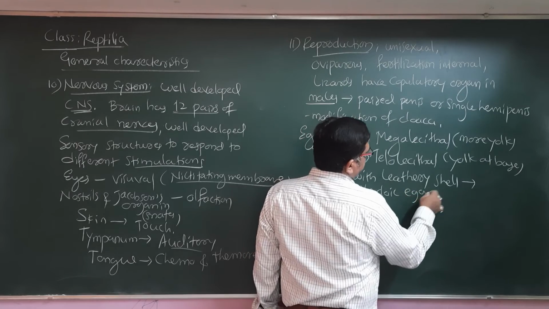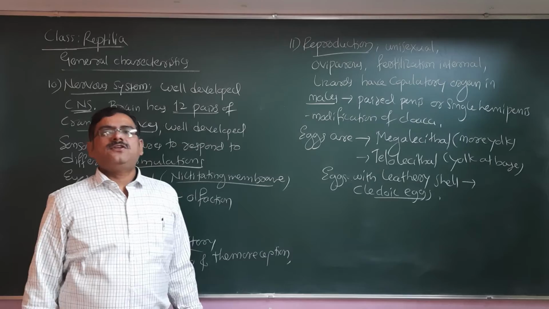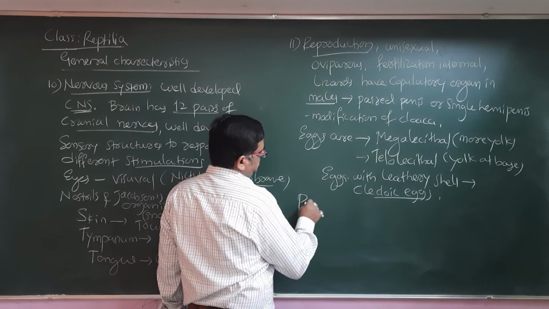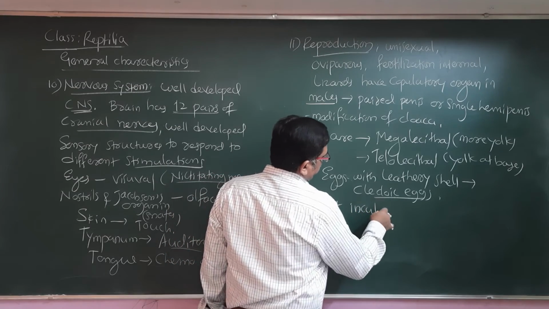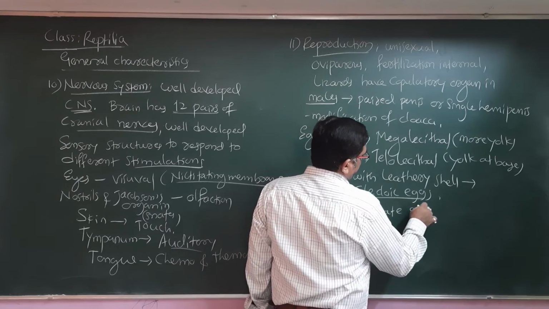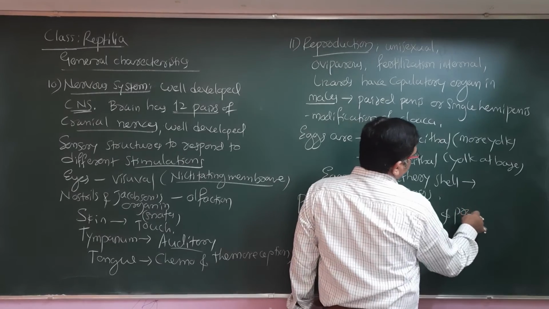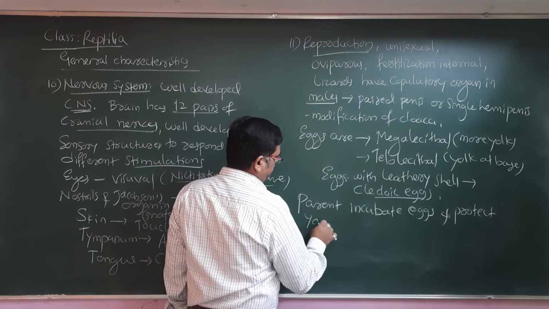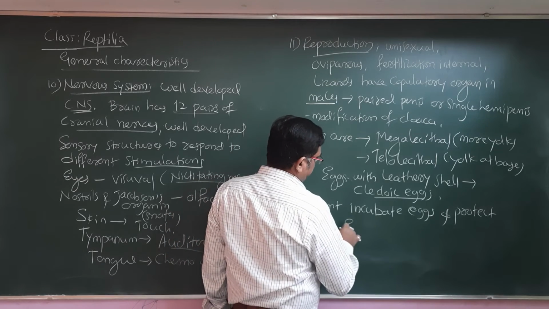Cleidoic eggs are what they produce. The parent incubates those eggs, sometimes only the female, sometimes both male and female, and protects the young ones.